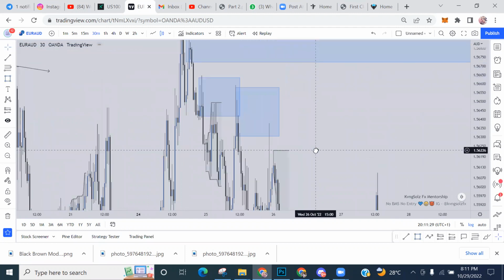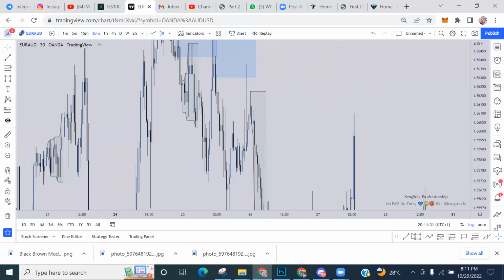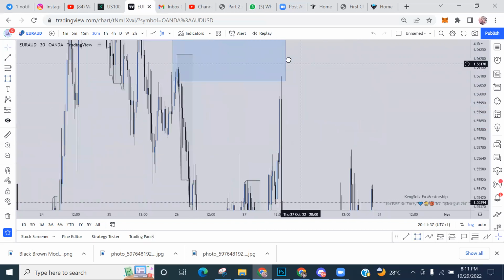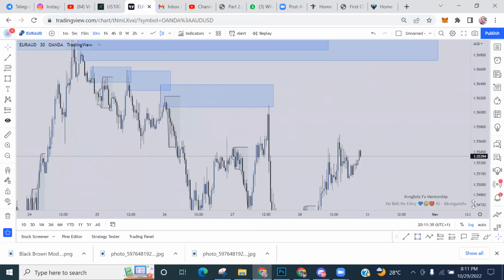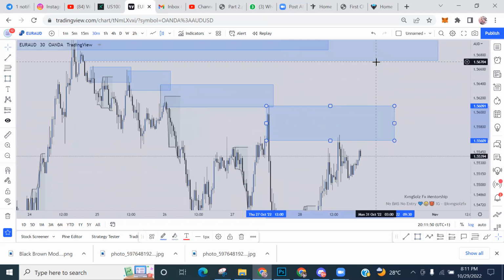All right. So the next thing, market has tapped into this guy here, and now it has sold off from that guy. Okay. Now the next one, you would want market to tap into this guy and sell. So this supply zone is the only zone it has given you, and this guy here.